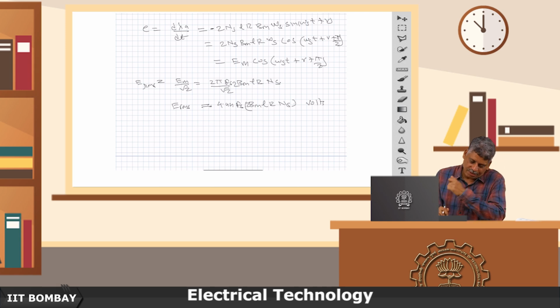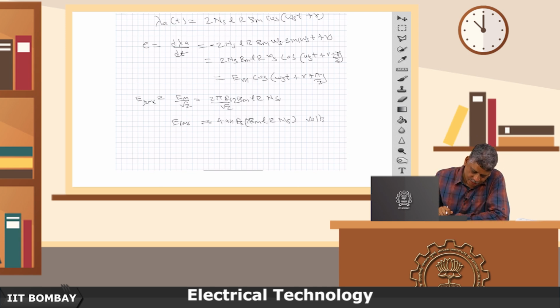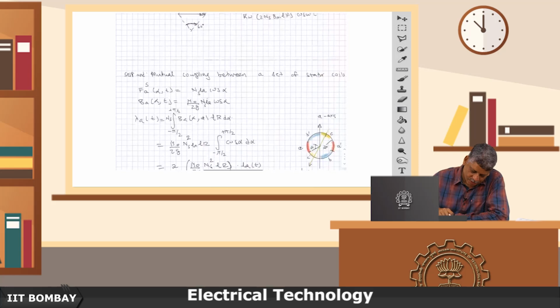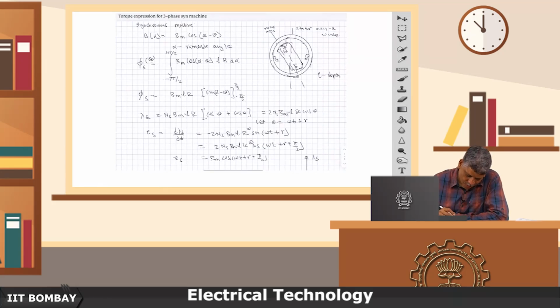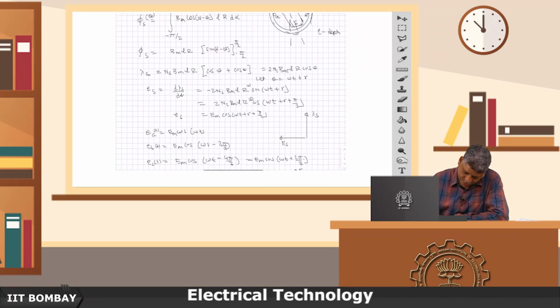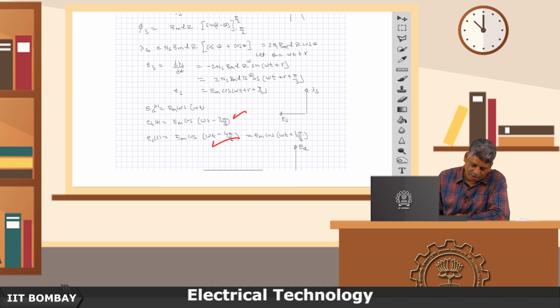Now, we have calculated this A phase voltage. The B phase voltage and the C phase voltage will be lagging the A phase voltage by time.